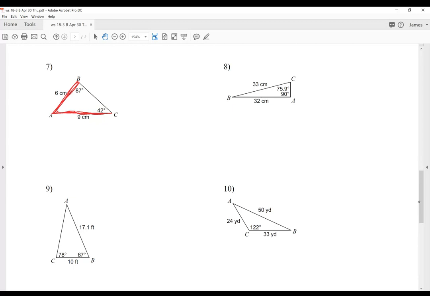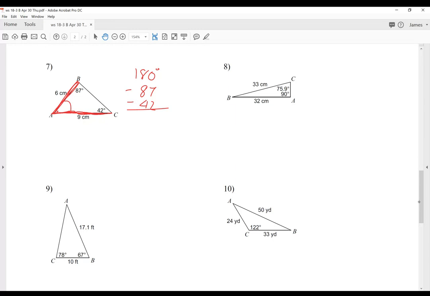But in this case, it's not too bad because we have two other angles, and the interior angles of a triangle must add up to 180 degrees. So we either add 87 and 42, or in the calculator just subtract 87 and subtract 42. You're going to just subtract it and you're going to get the answer.